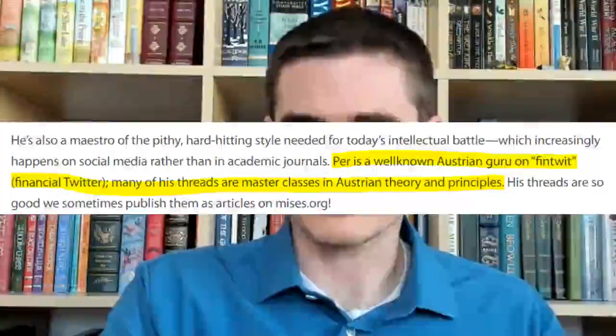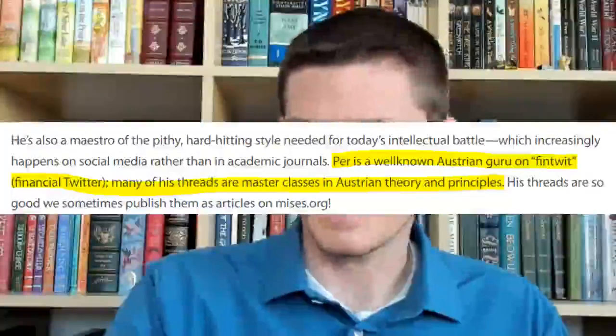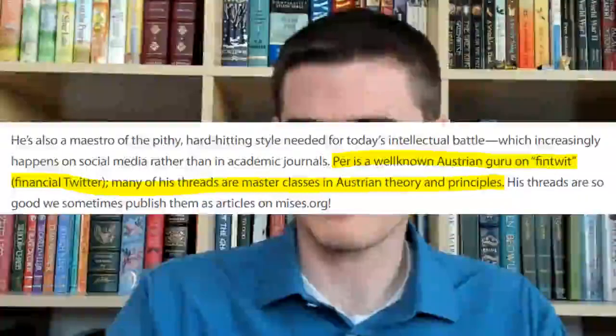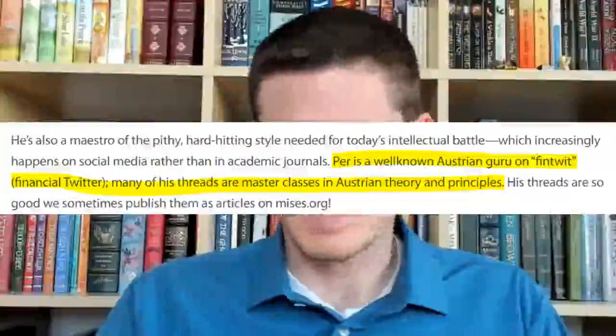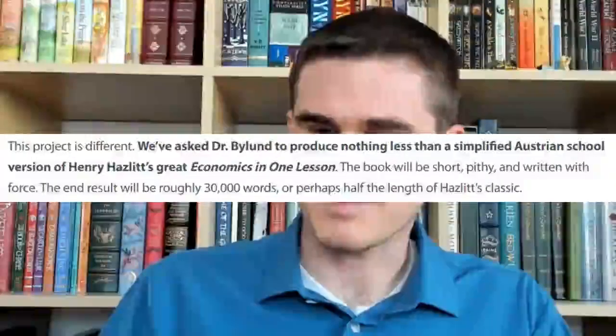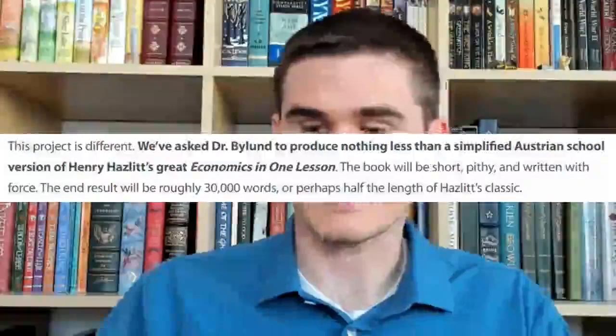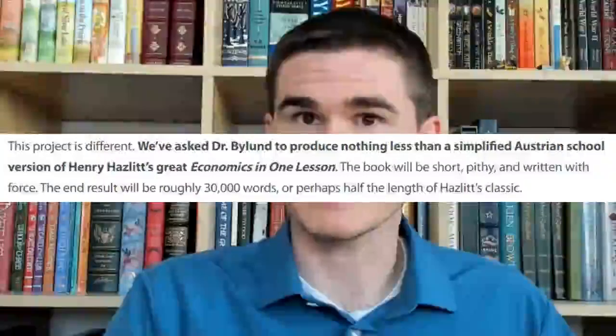Per is a well-known Austrian guru on financial Twitter. Many of his threads are master classes in Austrian theory and principles. And in fact, it also says, I think this was the reason they sent the letter, we've asked Dr. Bylund to produce nothing less than a simplified Austrian school version of Henry Hazlitt's great Economics in One Lesson.